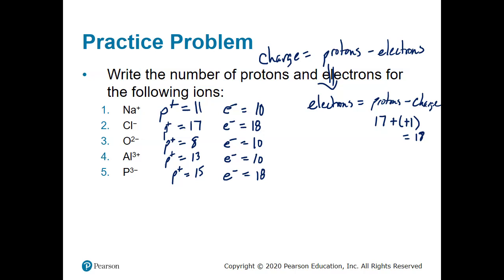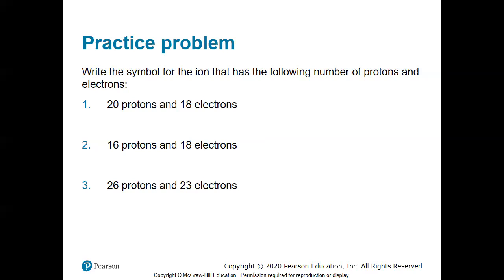Right, any questions with assigning charges and looking at protons and electrons? All right, let's try another practice problem, a different way of looking at this. What is the symbol for the ion that has the following number of protons and electrons?